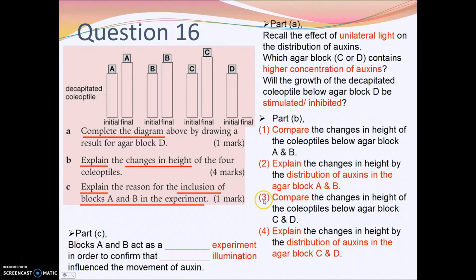And for parts 3 and 4, you need to compare the changes in height of the coleoptile below the agar block C and D. C is given, but D depends on your answer to part A. So you need to compare the changes in height, which one may be taller or shorter, and according to these changes in height, you can estimate the distribution of the auxin in the agar block C and D, and explain which one of them will contain higher concentration of the auxin.